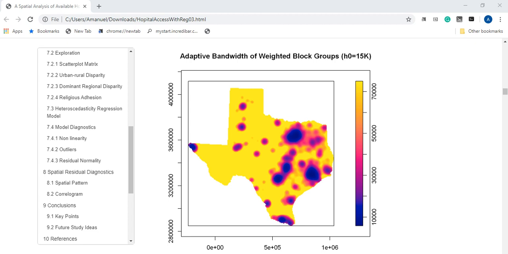So I have experimented with different fixed starting bandwidths, and also for the block group, the adaptive bandwidth varies from 5 kilometers for the highly populated urban areas to up to 75 kilometers in the sparsely populated areas. So the selected fixed starting bandwidth of 15 kilometers gives a well smoothed surface.